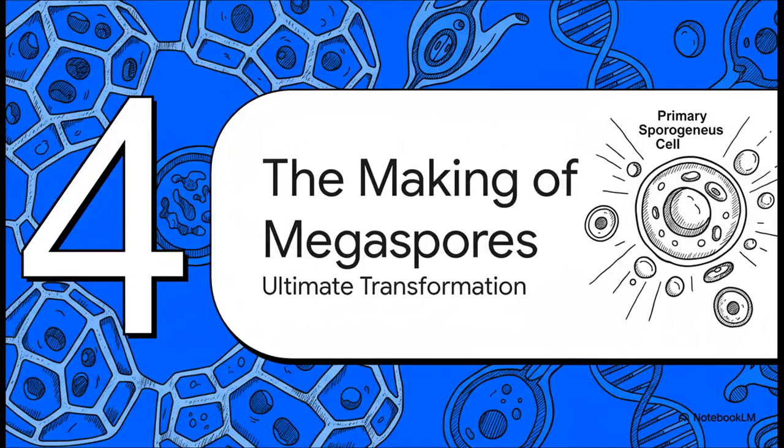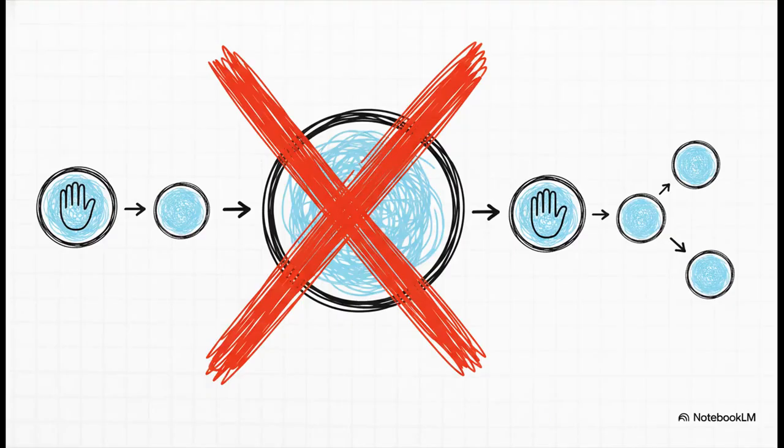So while that one cell is off building walls, our main character, the primary sporogenous cell, is destined for a much more dramatic transformation. But here's where things get really interesting. You'd think it would just keep dividing by mitosis, making more and more copies of itself, right? Well, it doesn't. It stops. Its journey isn't about making more of itself.